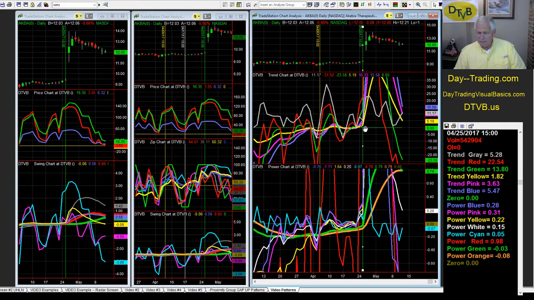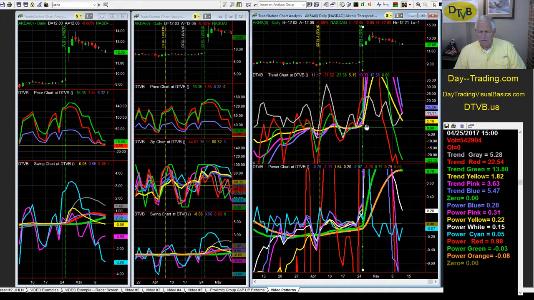I'd see if I can identify it here. Trend gray is at 5.2, and trend yellow, the pink is at 3, blue is at 5.4. So the gray line is between the blue and the pink line in its down touch. And it's closer to the blue, so I would say that it's technically qualified as a down touch blue line.